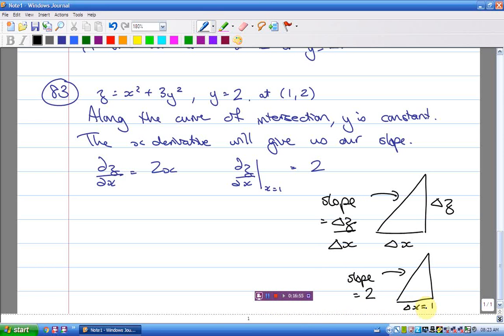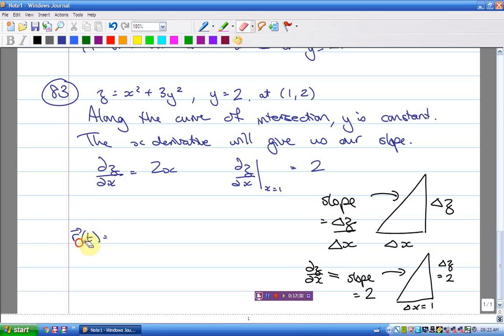That's my dz by dx. My slope is delta z over delta x. If I fix my delta x to be 1, then that must mean that my delta z equals 2. And the reason why that is a useful way of looking at it is that it allows us to parametrize our line.